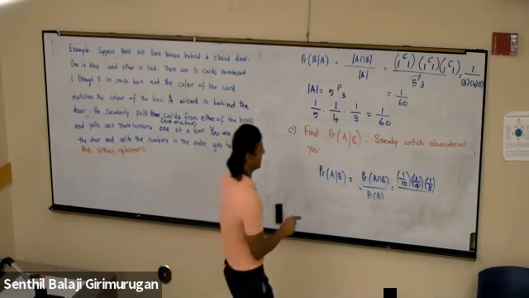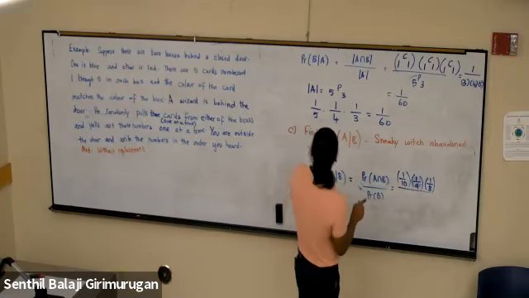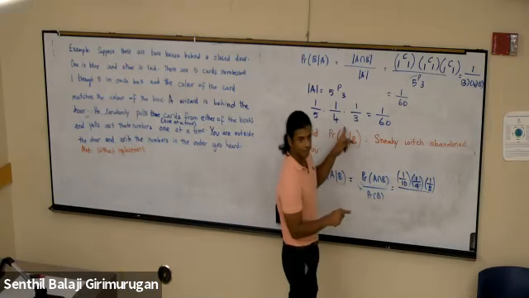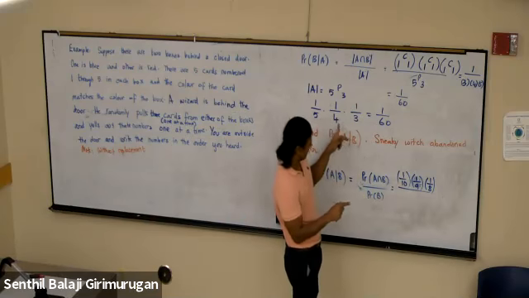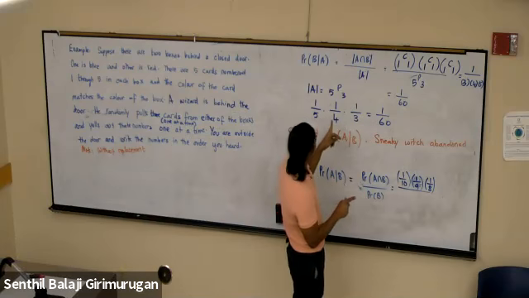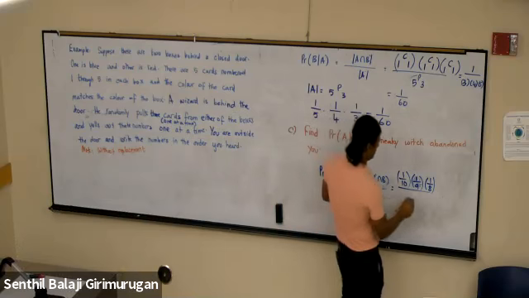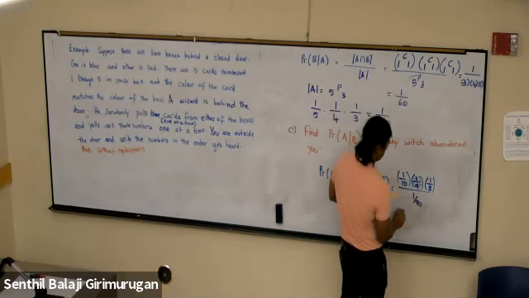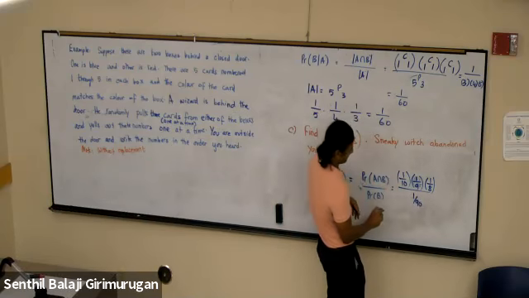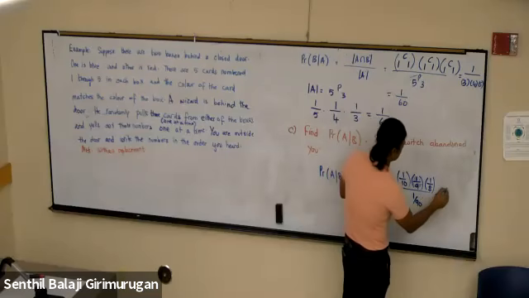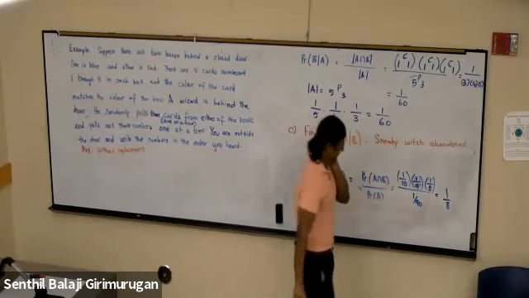What is that? I think we found that already over here. Oh, 1 over 90. Look what that results in. That's 1 over 8.